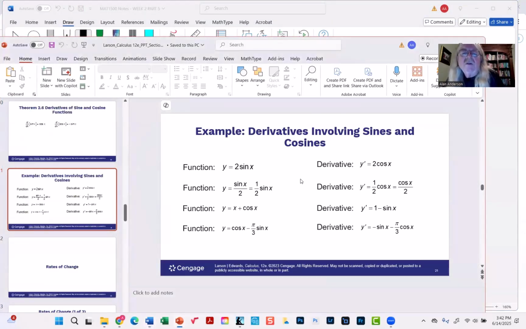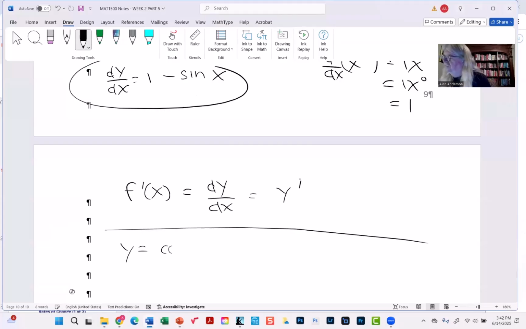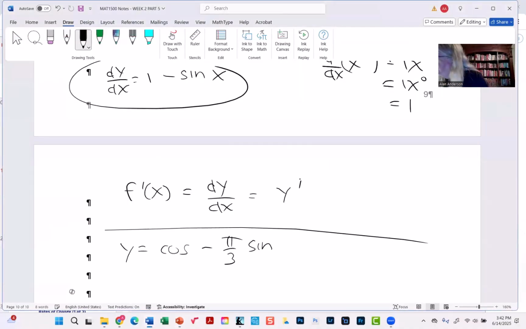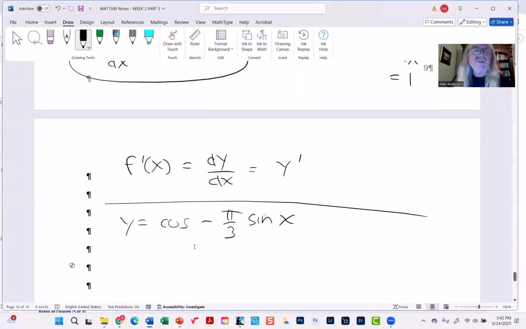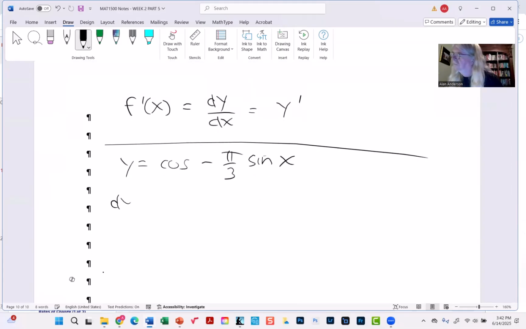What else? Cosine x, pi over 3 sine x. Well, the pi over 3 is just a constant, so you're going to wind up with, oh, negative sine x minus pi over 3 cosine x.